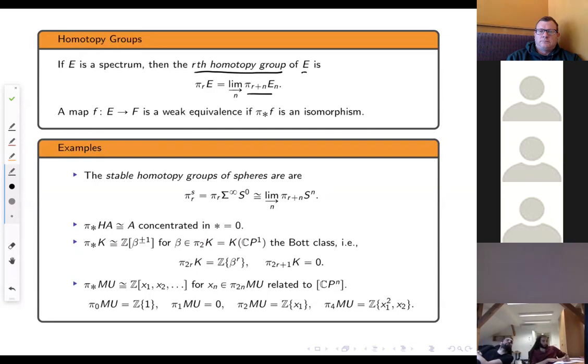The maps in the colimit come from the structure maps in the spectrum. So those are the homotopy groups of the spectrum. And a map of spectra is a weak equivalence if it induces an isomorphism on homotopy groups. This is the same language as for topological spaces.